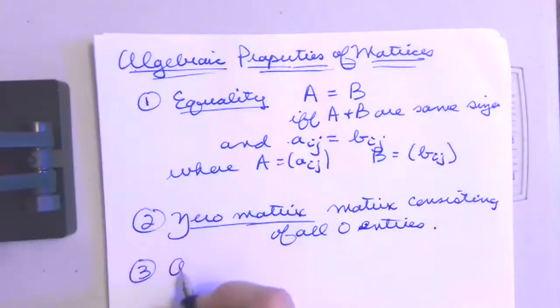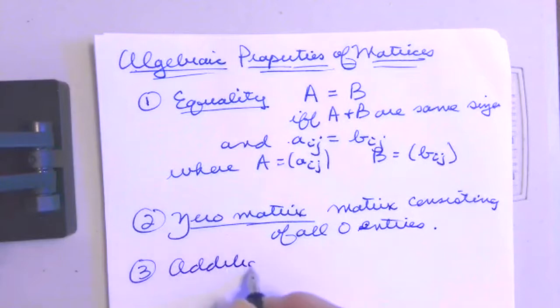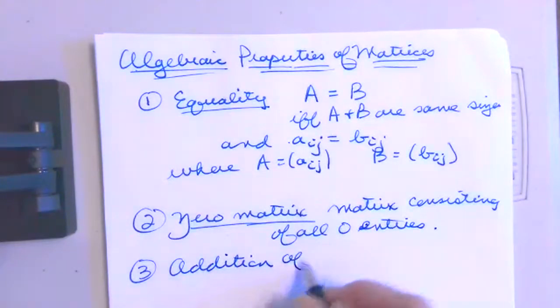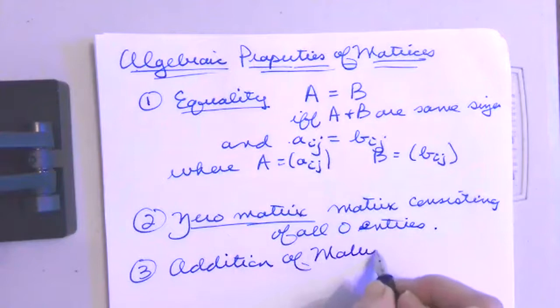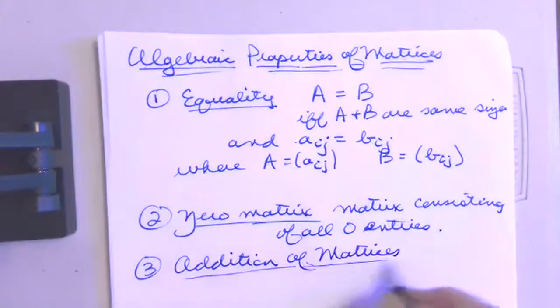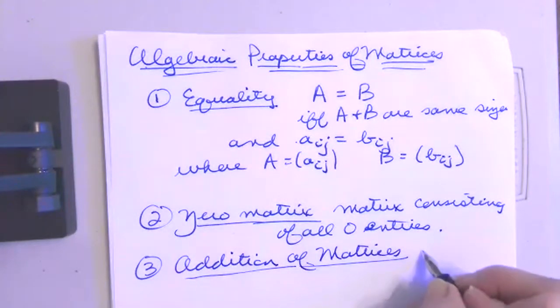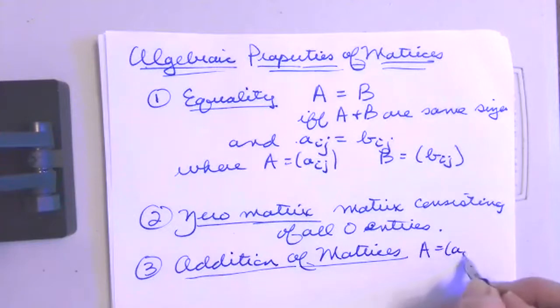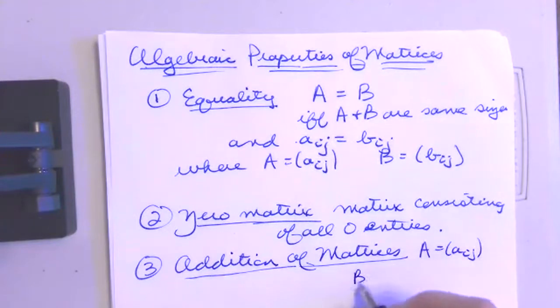How do you add two matrices? Let's say A is Aij and B is Bij.